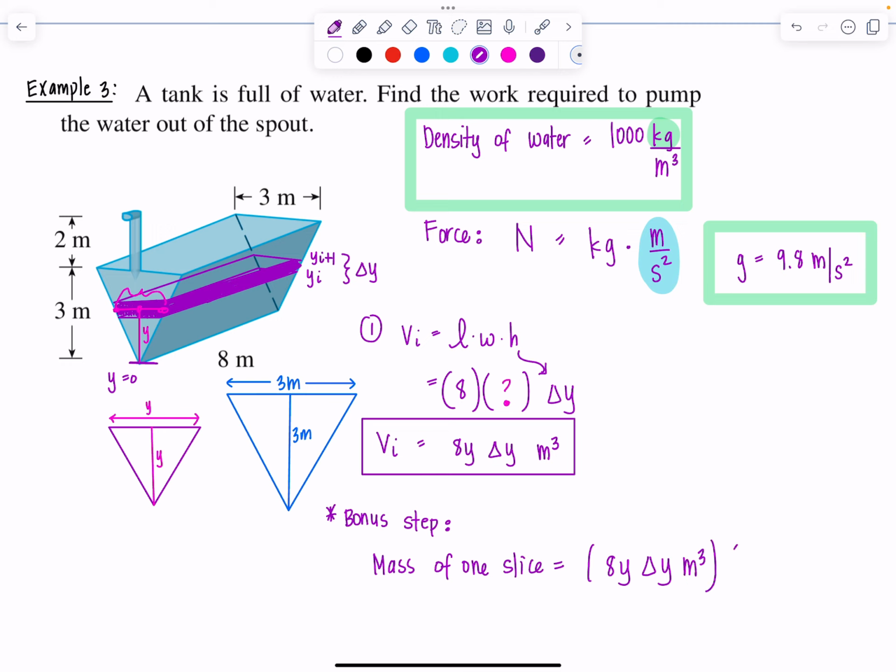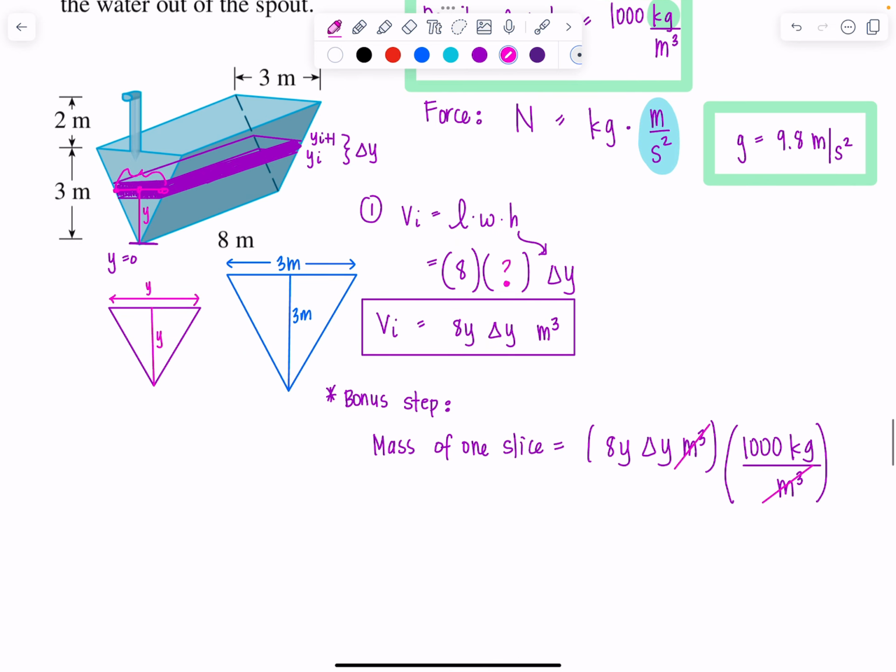And then I multiply by the density of water, which is 1,000 kilograms per meters cubed. Okay, meters cubed cancels. Fabulous. Yes, I have mass, not force just yet. It's just mass. This is going to be 8,000 y delta y kilograms.